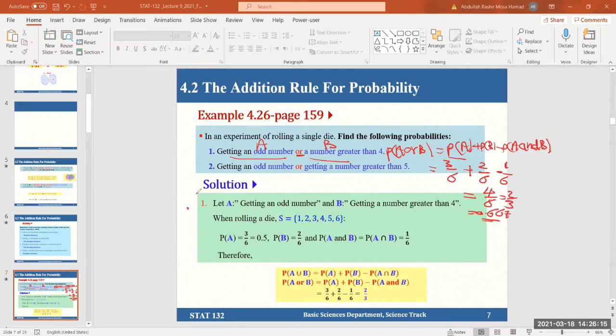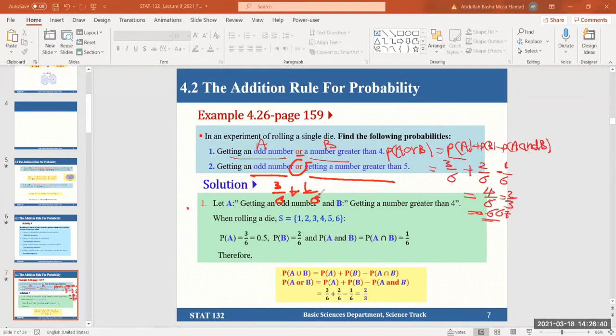This is the first event and this is the second one. We use the same formula because we are talking about OR. Odd number is 3/6, right? Getting a number greater than 5 is 1/6.